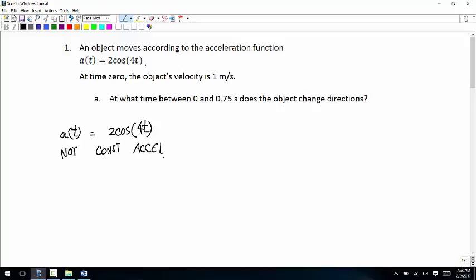So for this one, we're going to use the fact that the velocity is the integral of the acceleration, and if we need it, we'll use the fact that position is the integral of the velocity.